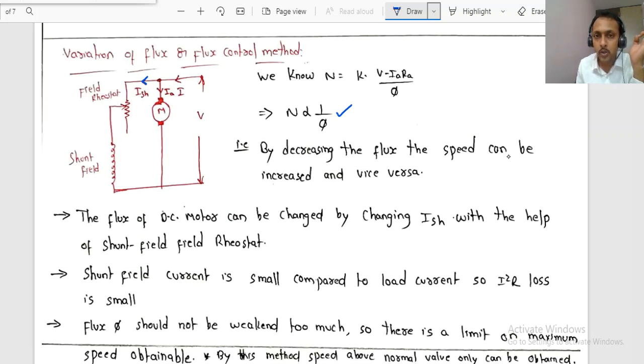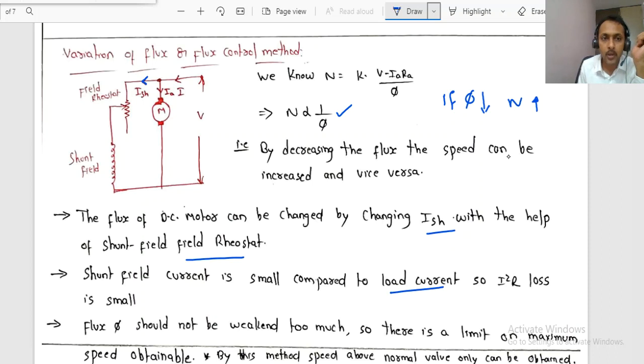If flux is reduced, then speed will be increased. By changing ISH with the help of the field rheostat, we can change the value of flux. Shunt field current is small compared to the load current. The ISH magnitude is very, very small, so the I square R losses also will be small.